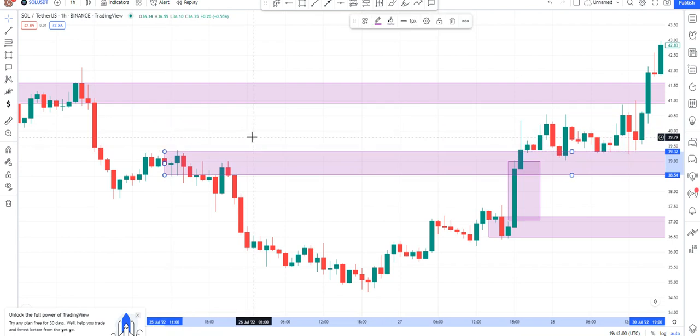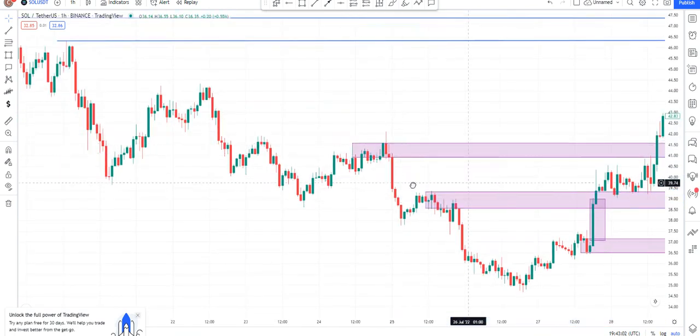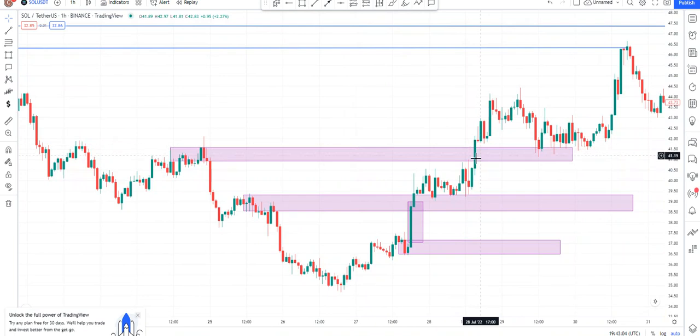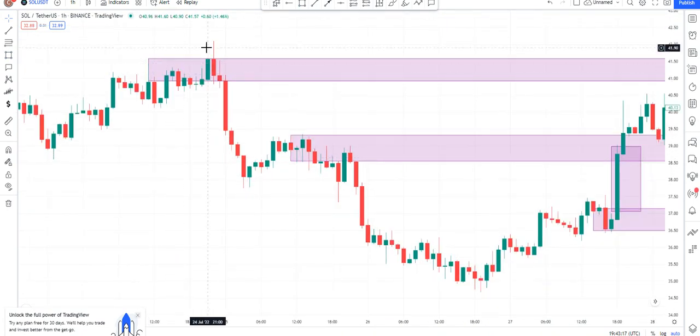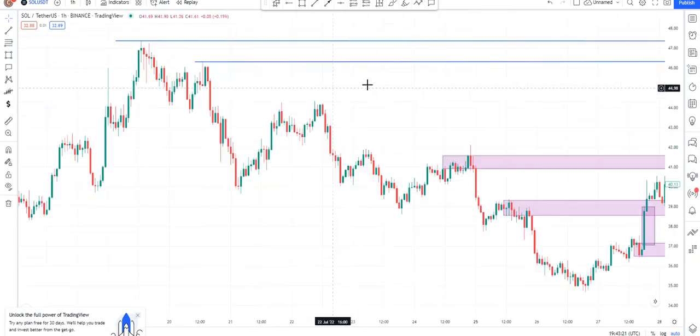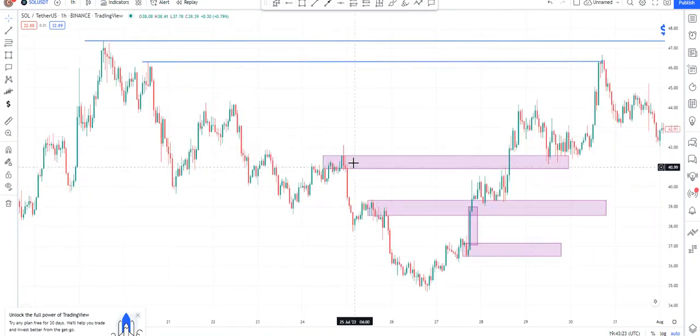It happened there as well. We have another imbalance that was not completely closed in here. The price refused to fill it up, and you can see the last up candle in here that we left and reclaimed.